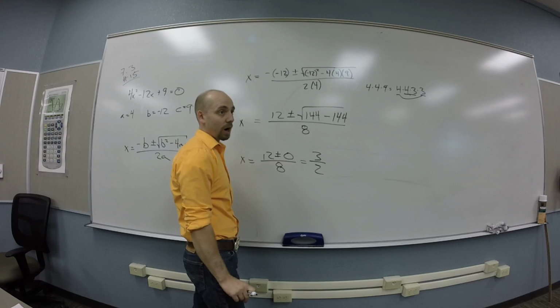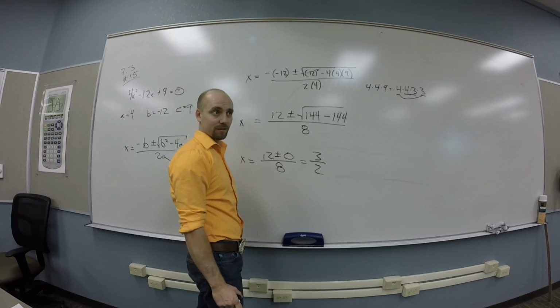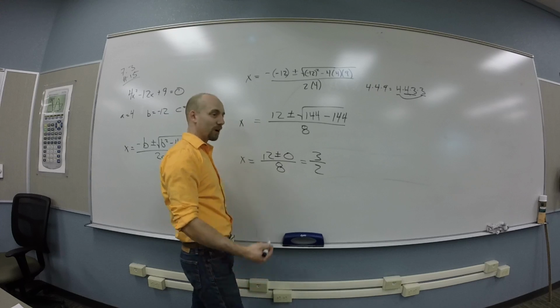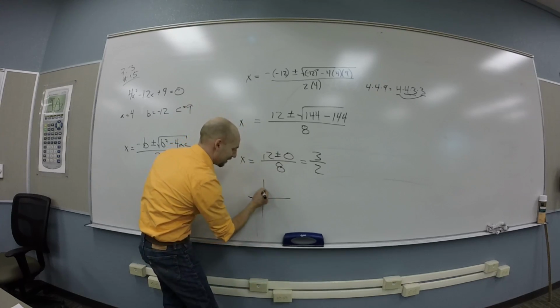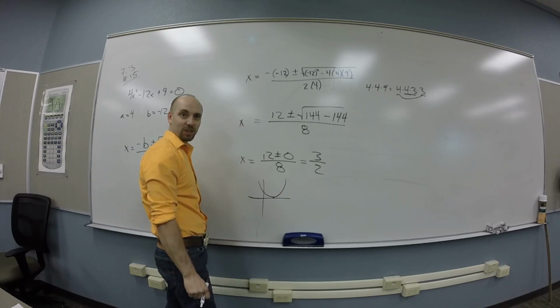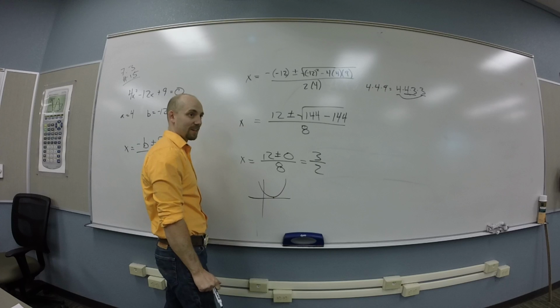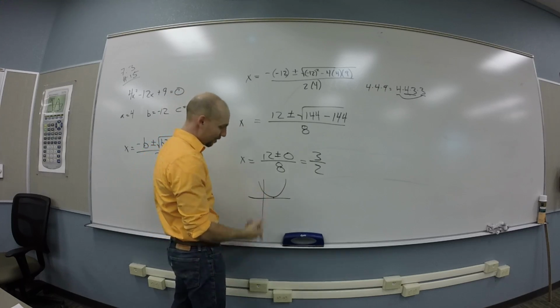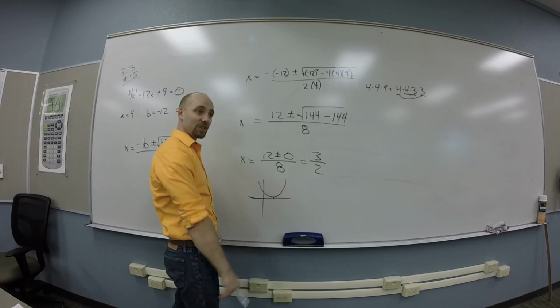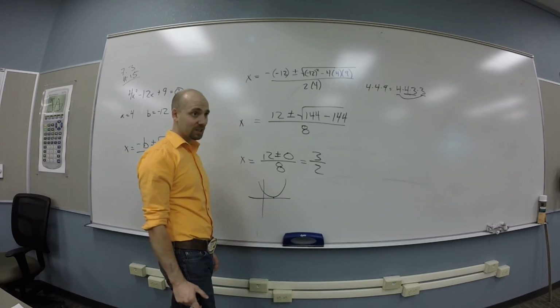That means that this parabola crosses the x-axis only once, which is kind of a weird thing, right? It just barely touches. That's called a tangency. That's where the line touches the graph at only one point. That's actually most of calculus.